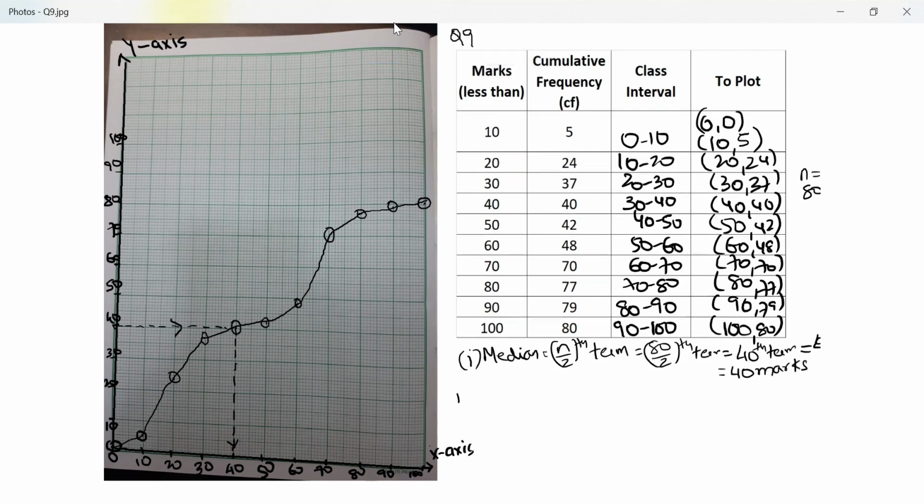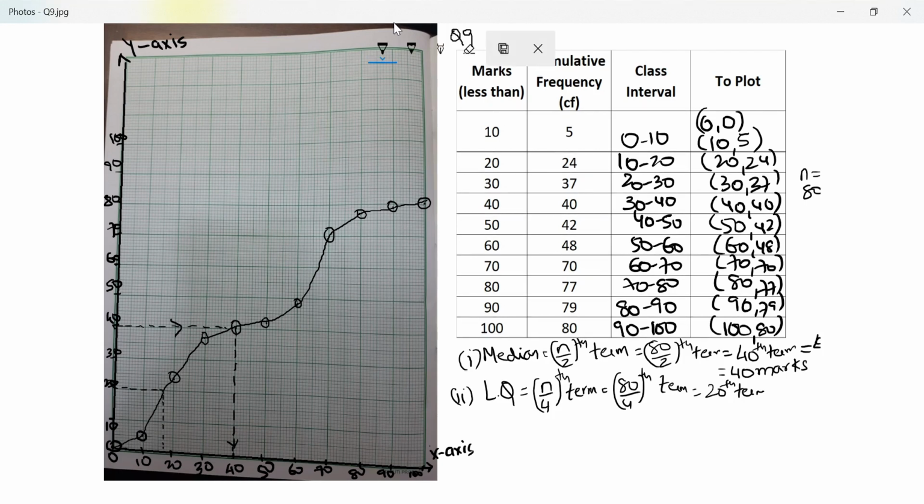Let's look at part 2. Part 2 is lower quartile. So lower quartile is the n by fourth term. In this case, 80 by fourth term, which is the 20th term. Let's look at 20. I will go up to 20, and from 20 I will draw a perpendicular onto the ogive, and from there I'll draw a perpendicular onto the x-axis.